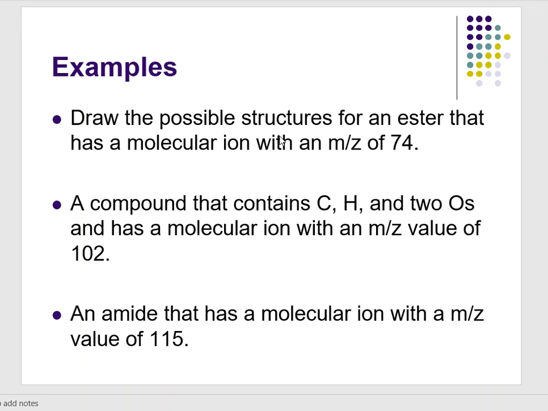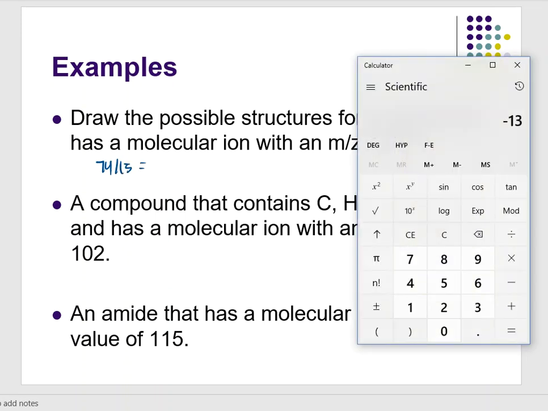So here are some more example problems, and we're going to work through these 3 just so you can feel more comfortable about what we're doing. It says, draw the possible structures for an ester that has a molecular ion with an m/z of 74. All right, so the first thing I'm going to do is take 74 divided by 13. 74 divided by 13 is 5.69.